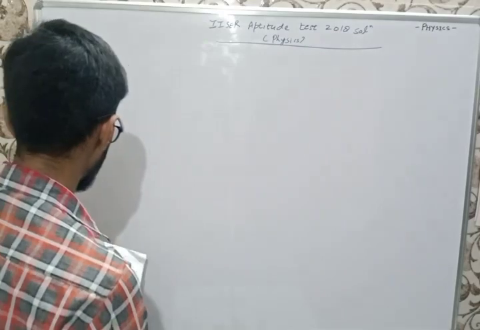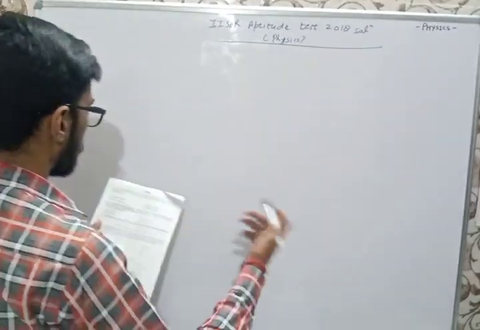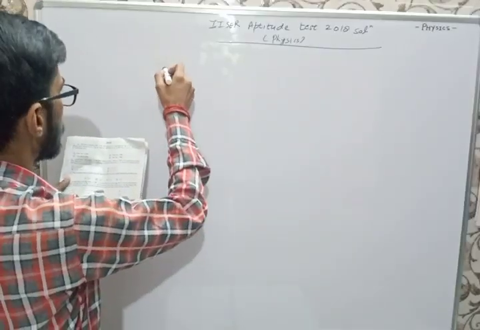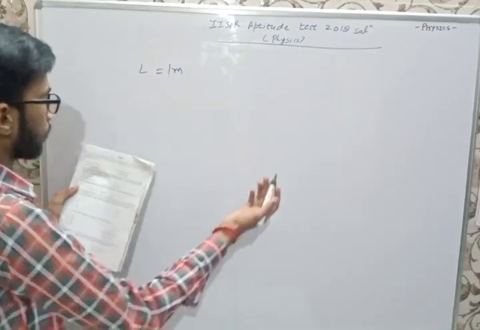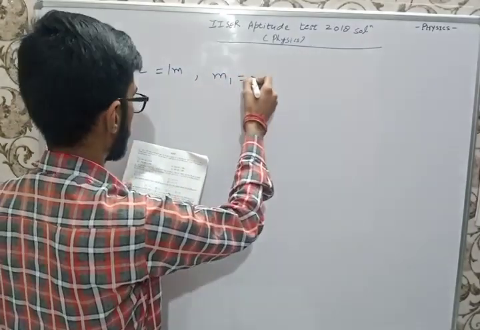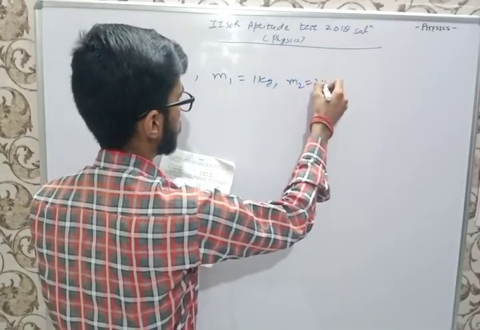First test, you have two simple pendula. The length of the pendulum is 1 meter, and the mass of the bob in both the pendulum is 1 kg and 2 kg respectively.